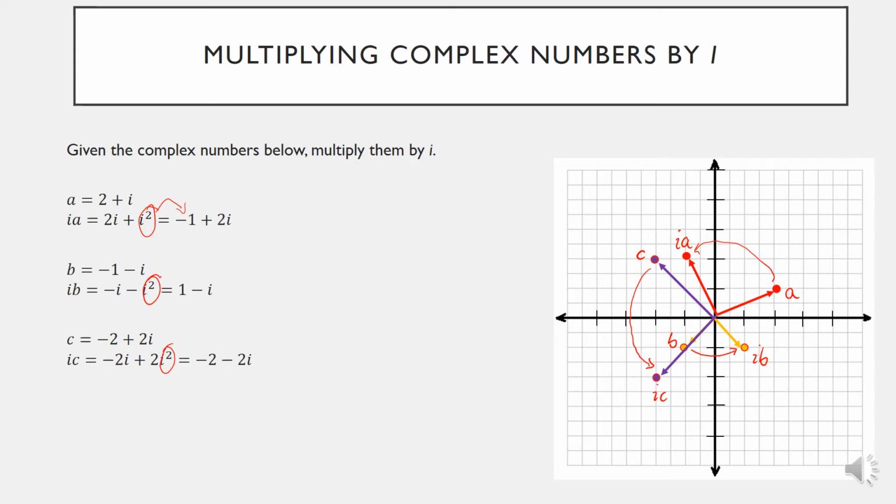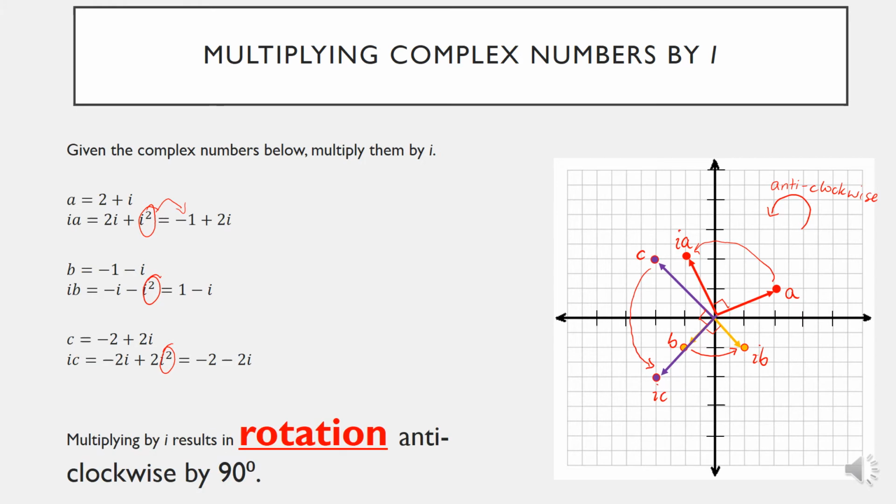How much of a turning effect? It seems to me to have turned by 90 degrees. That's a right angle, that's a right angle, and that's a right angle. And also it has turned this way, anti-clockwise.